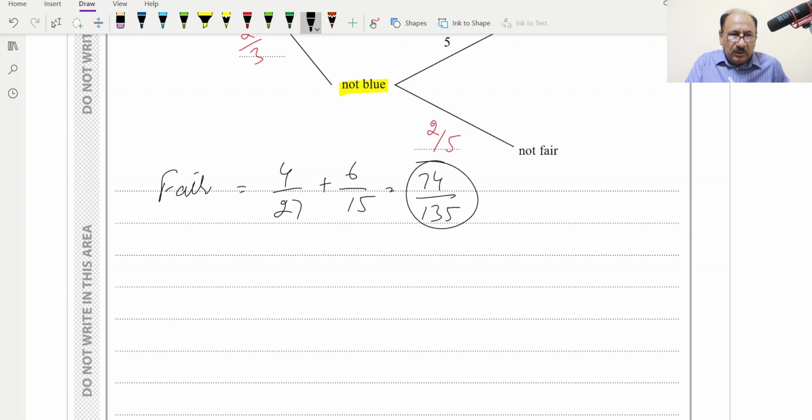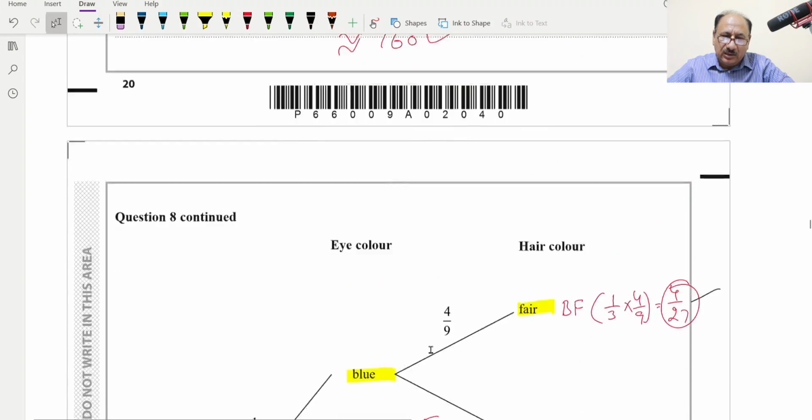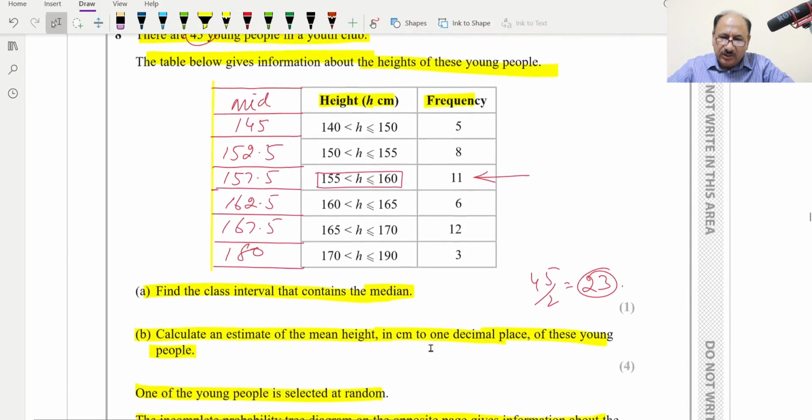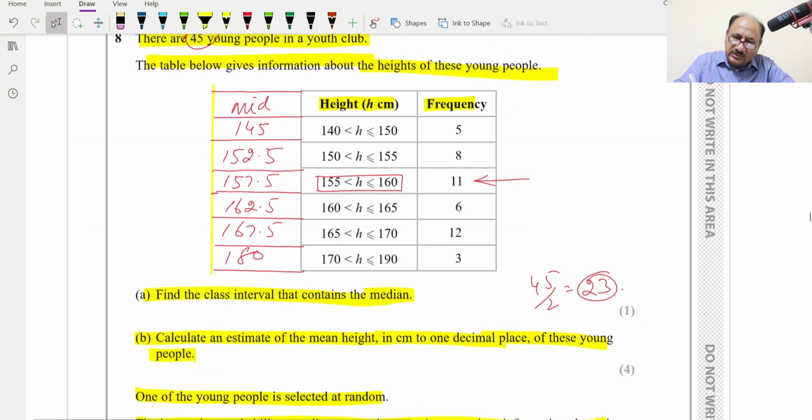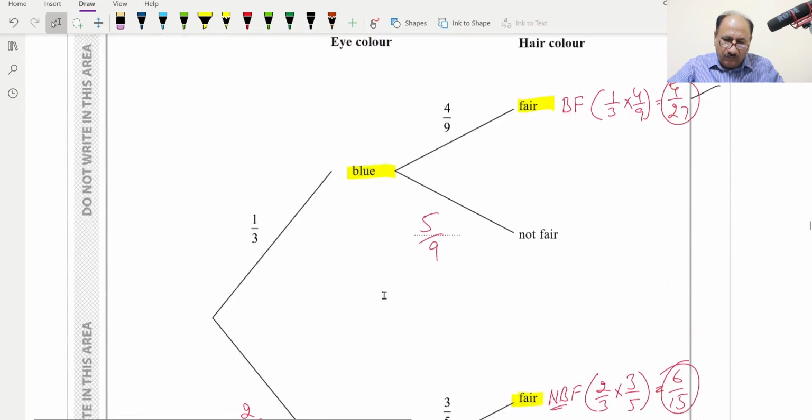Now height of more than 160 will be equal to what? So more than 160 are how many people? We can check from here. More than 160 are these three people, 6, 12 and 3, out of total 45.